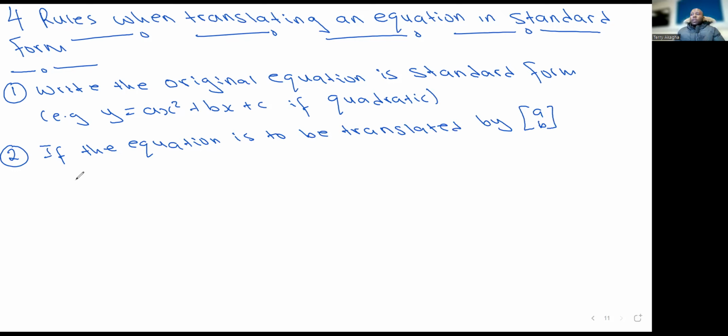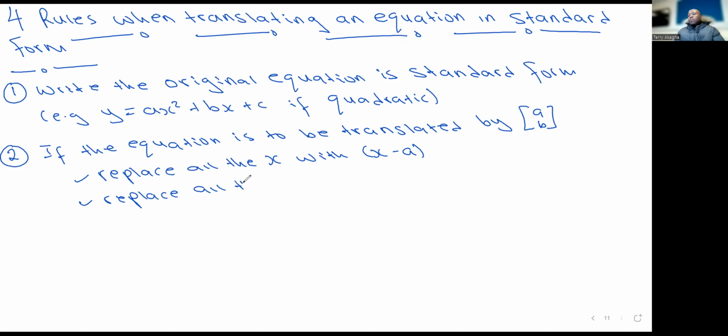How you solve it: you replace all the x with x minus a, and you replace all the y with y minus b.